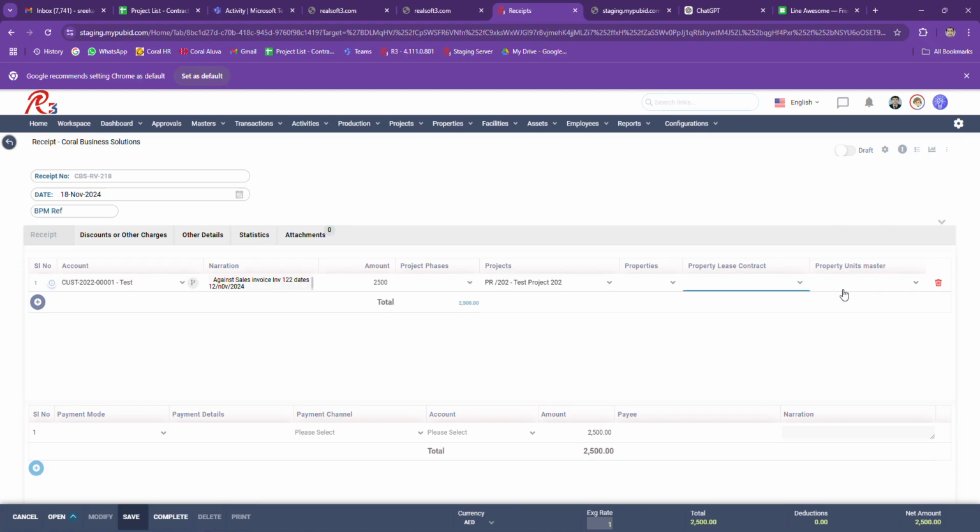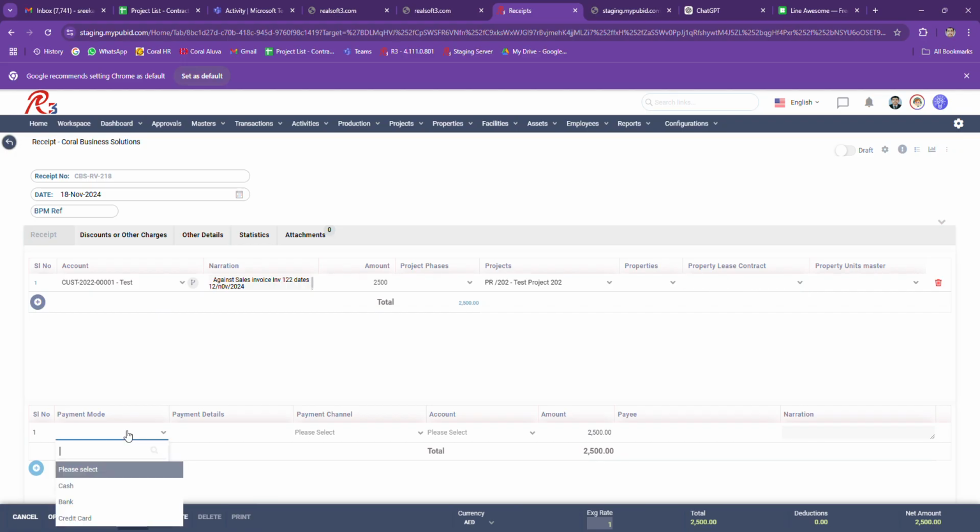Employee can be analytics, a fixed asset can be analytics, a vehicle, furniture, anything can be analytics. So this 2,500 this accountant received, and here we will specify what kind of payment mode.